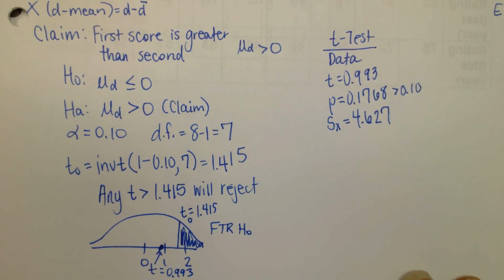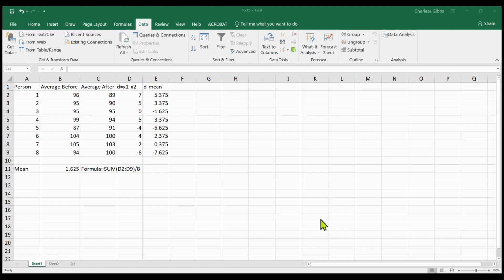Let me switch over to Excel. Okay, if you wanted to, this is for Excel. If you wanted to find your answers using the formula the manual way, then this D minus mean column would be good for you.